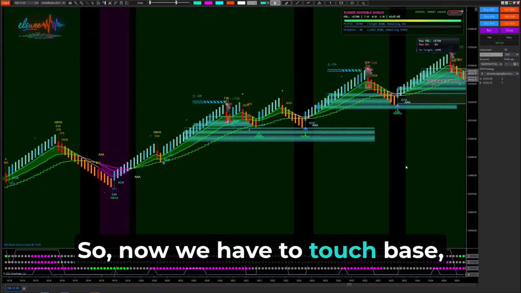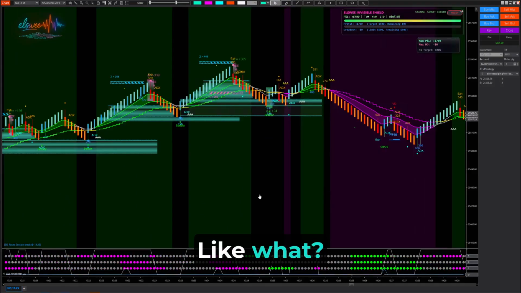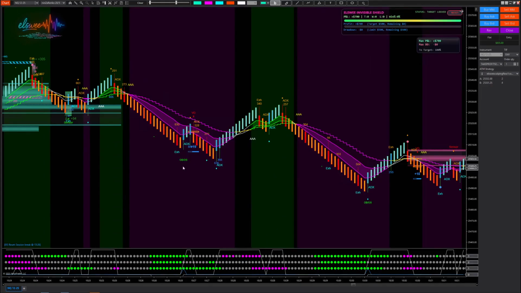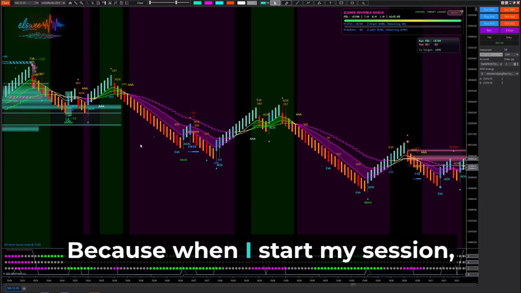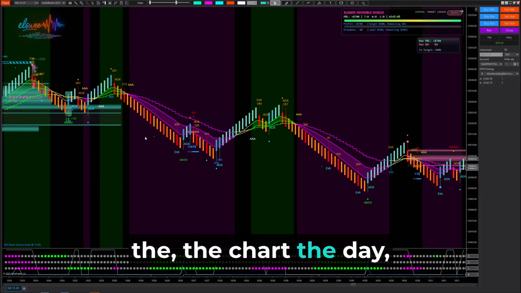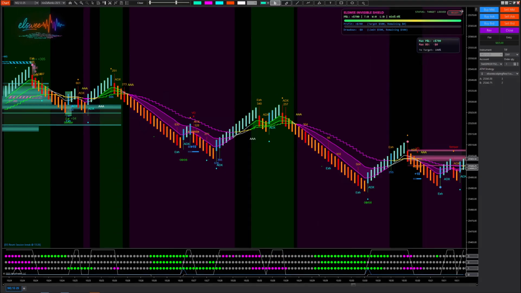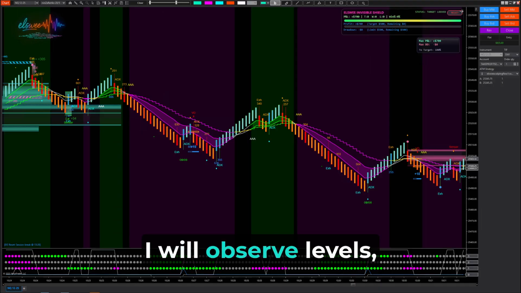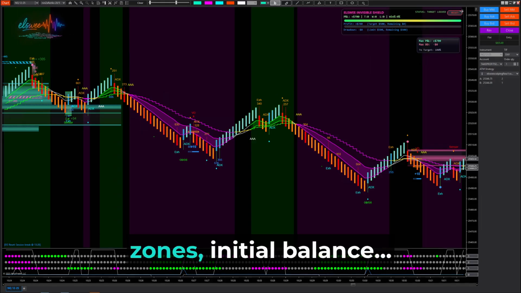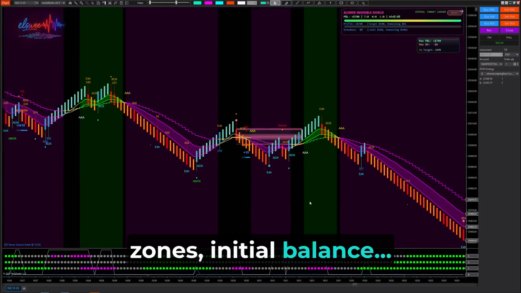So now we have to touch base on important information. Like what? Not all the signals I take. And why? Because when I start my session, the first thing I do is analyze the chart from the day before. I will observe levels, important levels, the pre-market zones, initial balance.